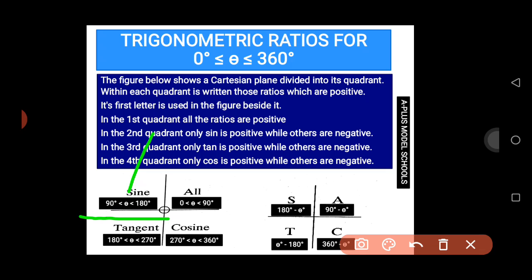Only tangent is positive, while sine and cosine are negative.